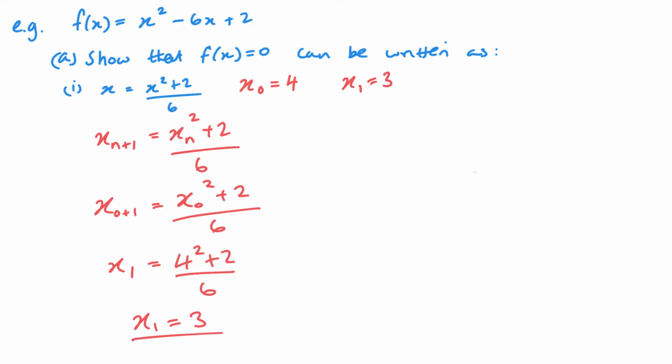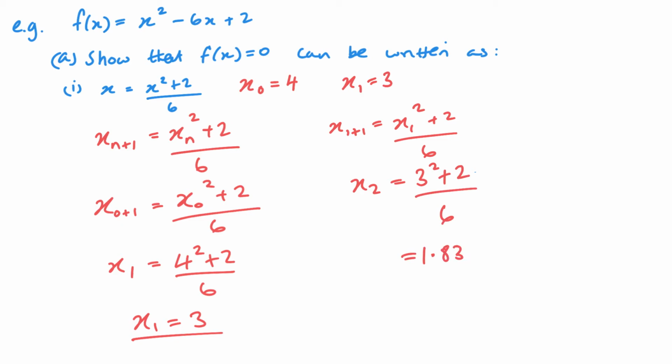Next step then is to do it again. And actually I will do it this one time. So I'm putting 1 in this time, so x1 squared plus 2 over 6. So x2 is 3 squared plus 2 over 6. And we get 1.83 where the 3 is recurring.